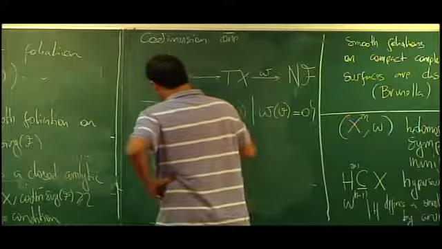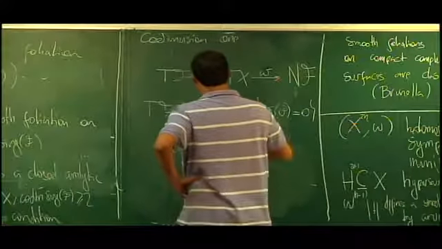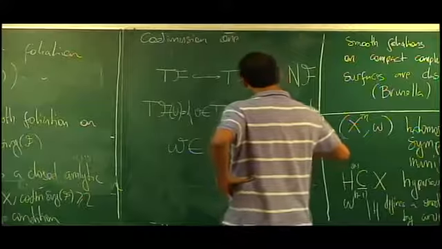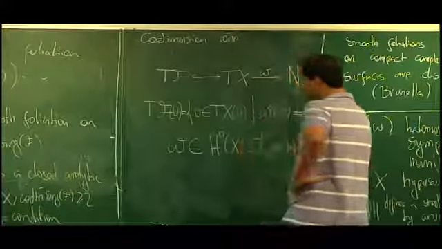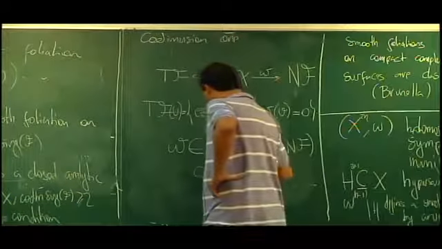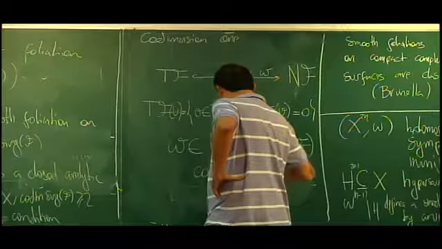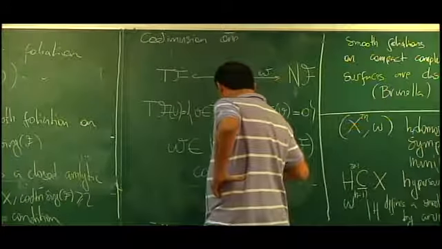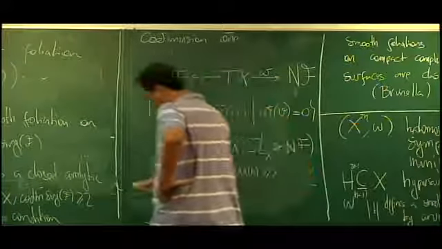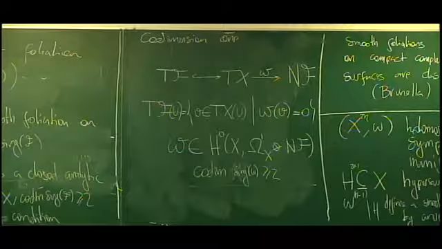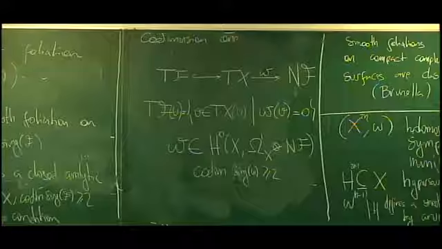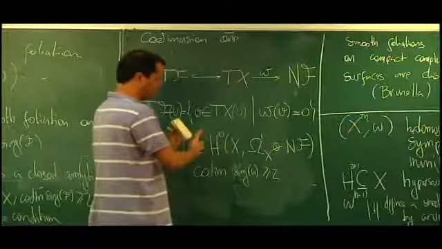where omega is a one-form defined by one-form with coefficients in a line bundle. So again, if you're not used to this terminology, you can always put it very concretely.